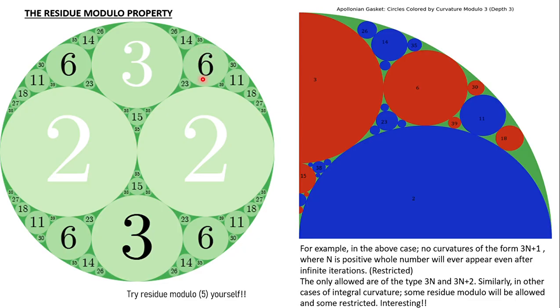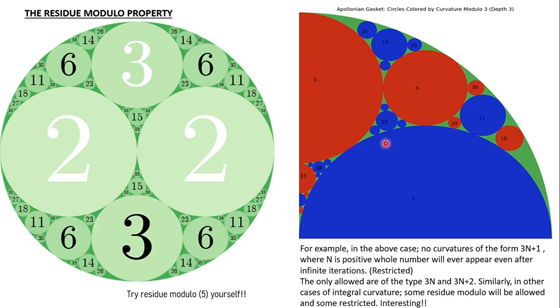As we have seen in the circles generated with the initial curvatures -1, 2, 2 and 3, if you divide the curvatures by 3, you'll see that the 3n plus 1 type, meaning 7, 10, are not allowed. So the only allowed types are 3n and 3n plus 2.